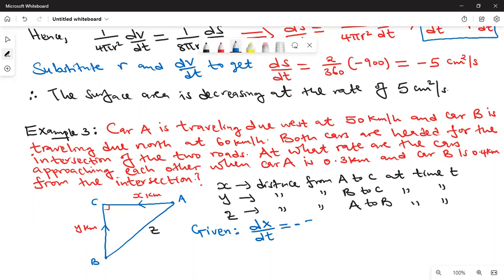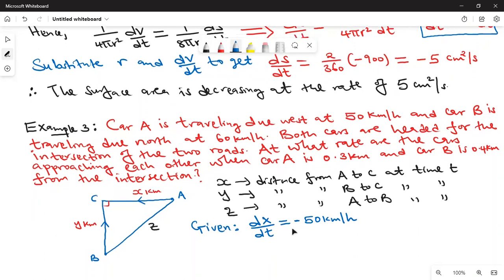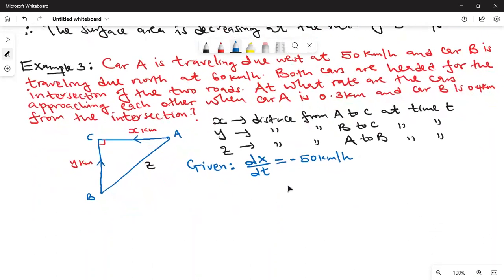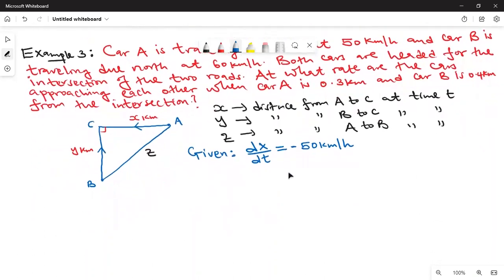So negative 50 kilometers per hour. We are also told that dy/dt, because again y is decreasing as the other car is moving, is negative 60 kilometers per hour.